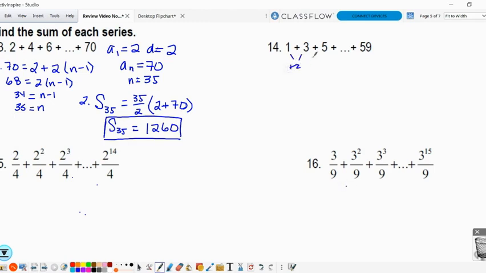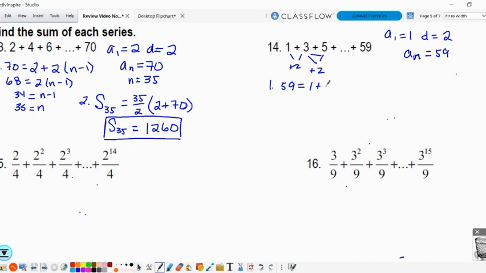All right, in 14, this is another arithmetic series because we are adding 2. Our first term is 1, common difference is 2, and our last term is 59. But as with the previous problem, we do not know where 59 is. So our first step is to find where 59 is in the series.